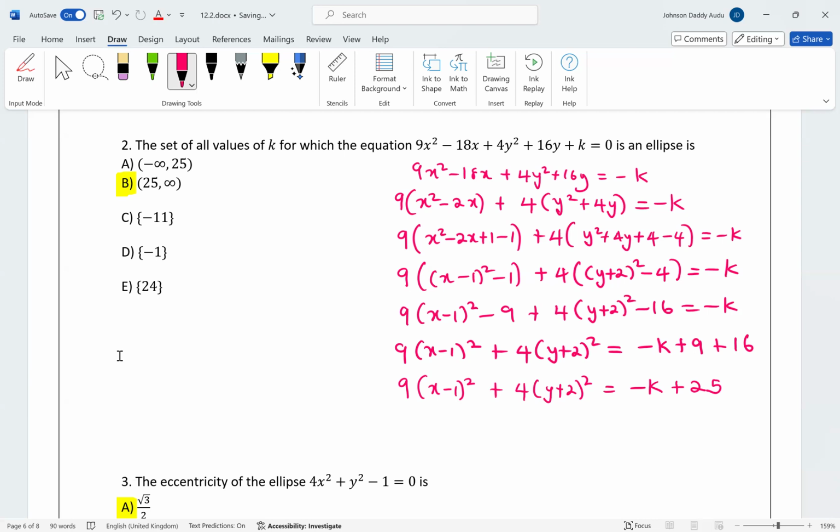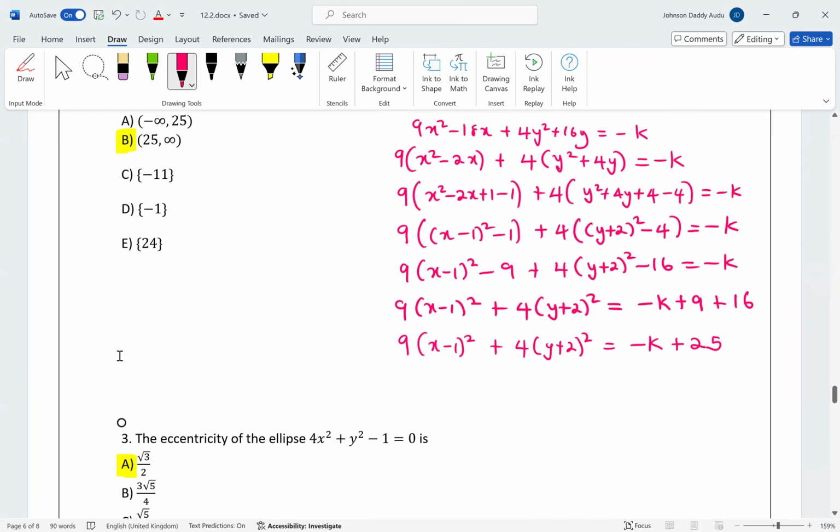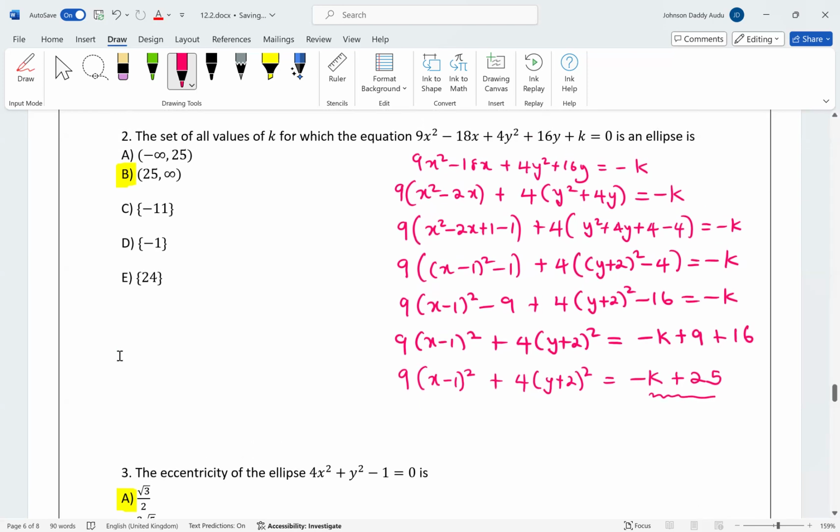So we know for this to be an ellipse, what do we want? This number here has to be positive, because for an ellipse we need to have a plus between the x's and the y's.